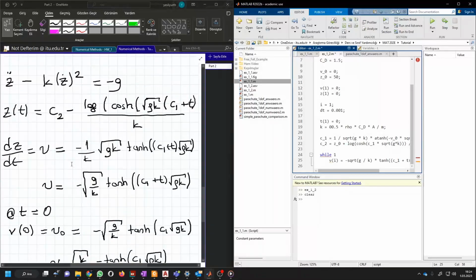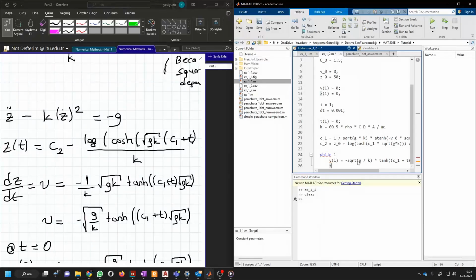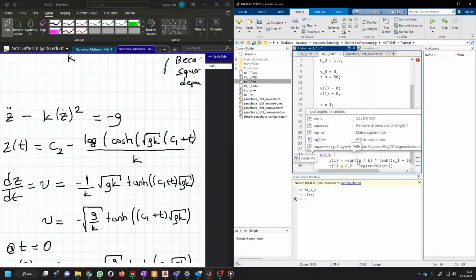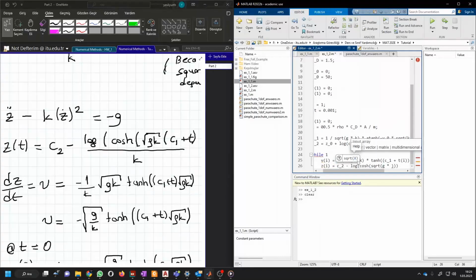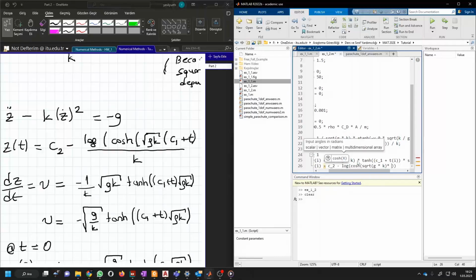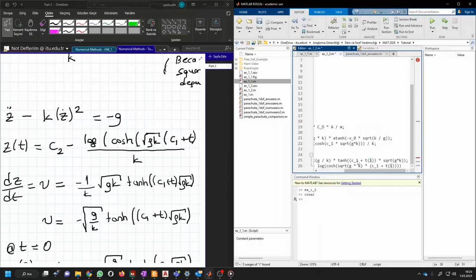So my position function was this. Z of i will be equal to C2 minus logarithm of cosine hyperbolic of square root of g times k times C1 plus Ti. This is the parenthesis of C1 plus Ti.